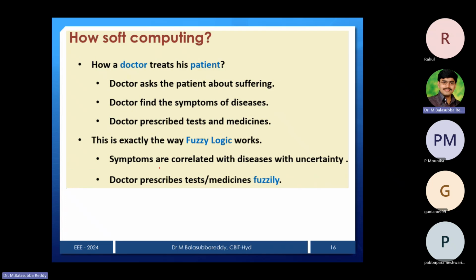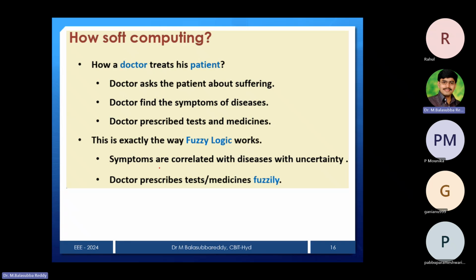Another example: how a doctor treats his patients. Once the patient comes to the hospital, the doctor will not directly give any medicine. The doctor asks the patient about the suffering, what problems he is facing. The patient replies with some answers, and the doctor finds the symptoms of diseases.